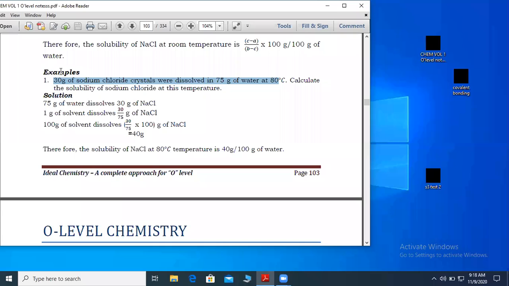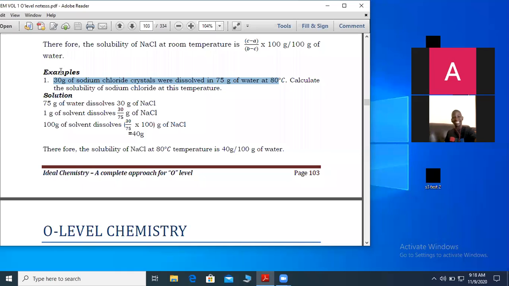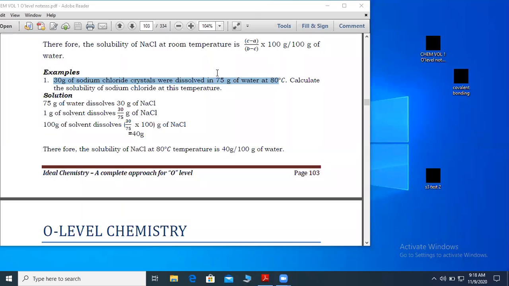Then, what you need now is the definition of solubility, which says solubility is the mass of solute in grams required to saturate 100 grams of solvent. So here it means that 75 grams of water dissolve 30 grams of sodium chloride. That's what the statement tells us.